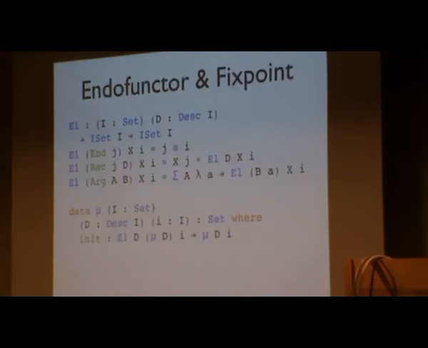So once we have this EL, this interpretation function, then we can define the fixed point of it. Basically, if you replace in your mind this EL D with F, then this is the regular F-algebra based fixed point. So this is kind of like F of mu D, besides the fact that it's for type families.